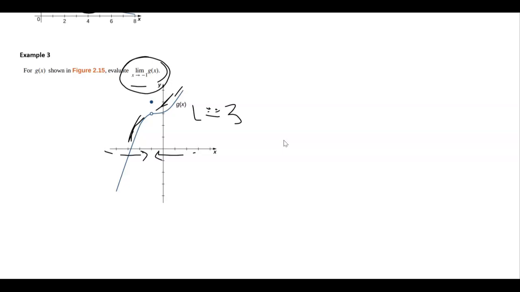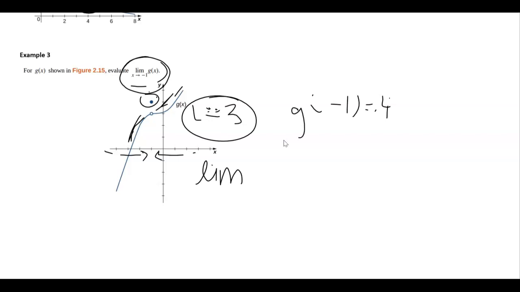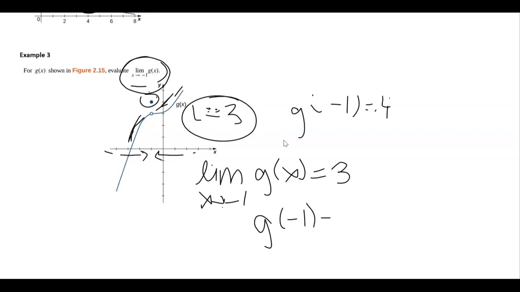Now notice in this graph, g of -1 is 4. That's that circled dot right there. But that is not the same thing as my limit. My limit is 3. So we would write the limit as x goes to -1 of g of x equals 3. And then take a note that g of -1 equals 4, and that is not the same as 3.